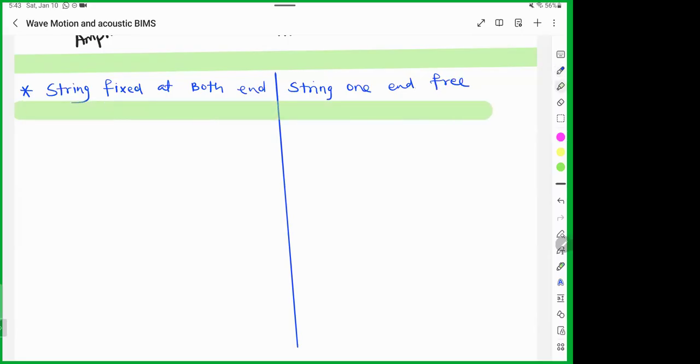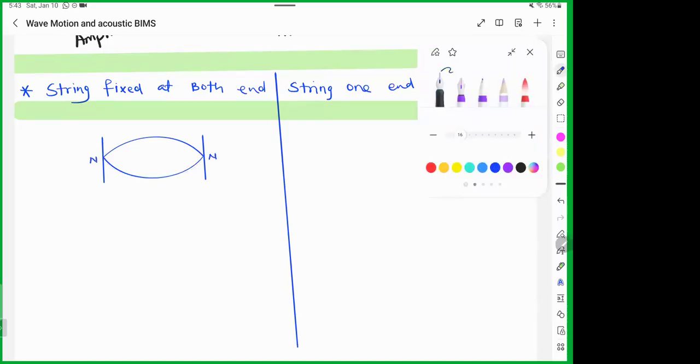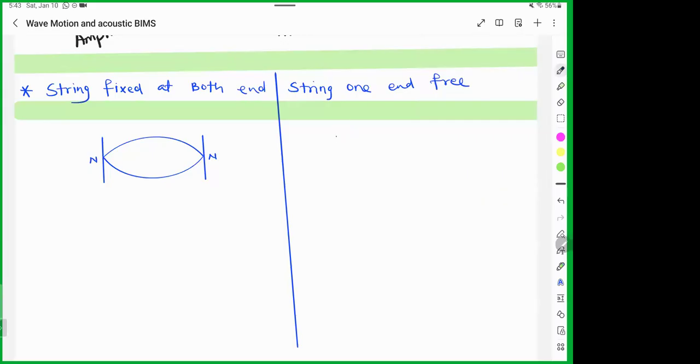What is the difference between these two? In this case, if the string is attached at both ends, then at both ends you will have a node. Node at this end, node at this. But if one end is free, then the free end will have an antinode.